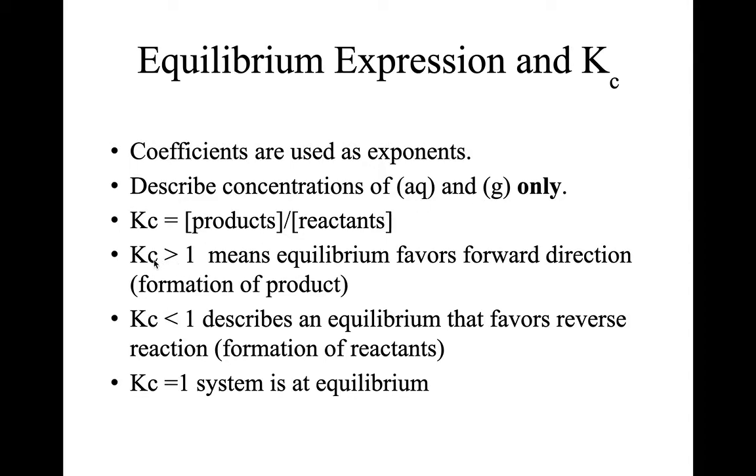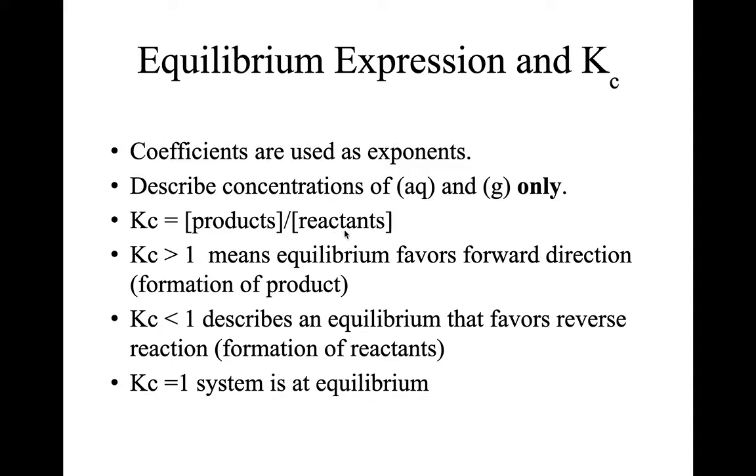If the equilibrium constant is greater than 1, that would indicate to us that equilibrium favors the forward direction, that there are more products than reactants. For this number to be bigger than 1, the numerator must be bigger than the denominator. If the equilibrium constant is less than 1, then the reverse reaction is favored.